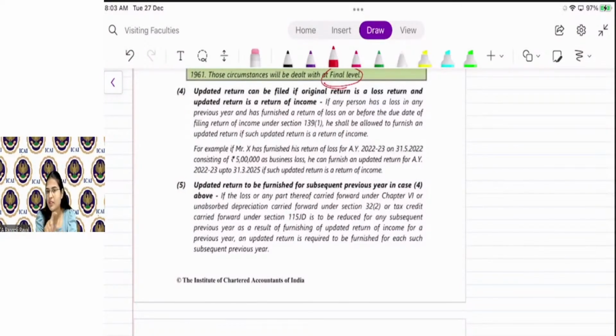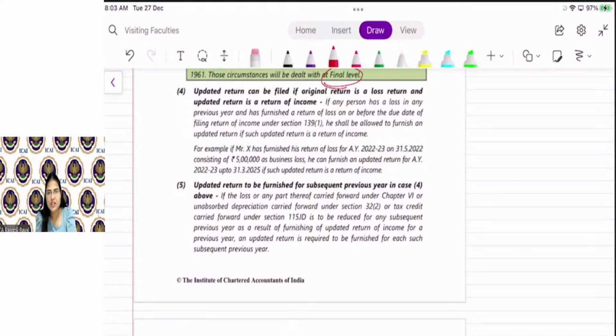If original return is return of loss and updated return is return of income, then you can file updated return. For example, Mr. X has furnished his return of loss for assessment year 22-23 on 31st May, consisting of 5 lakh as business loss.